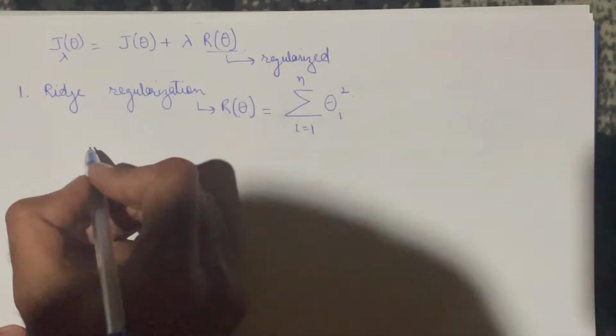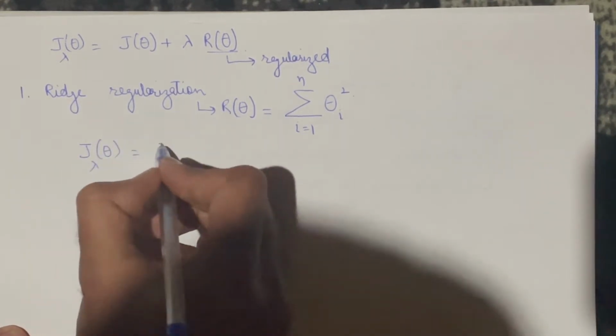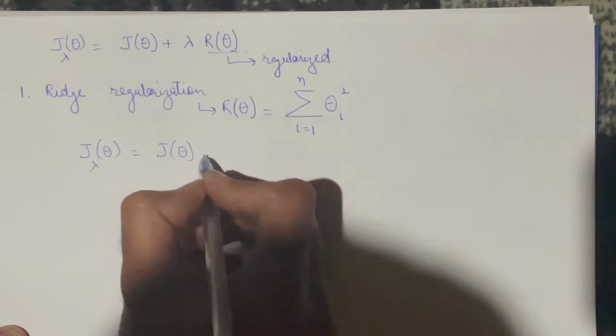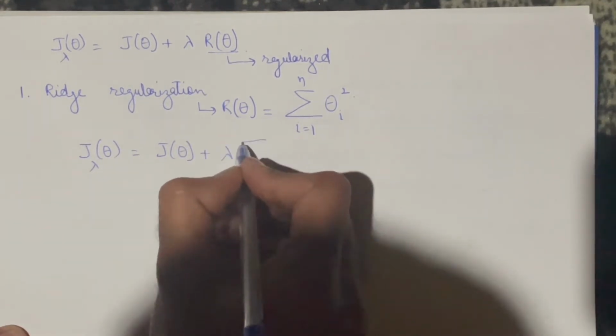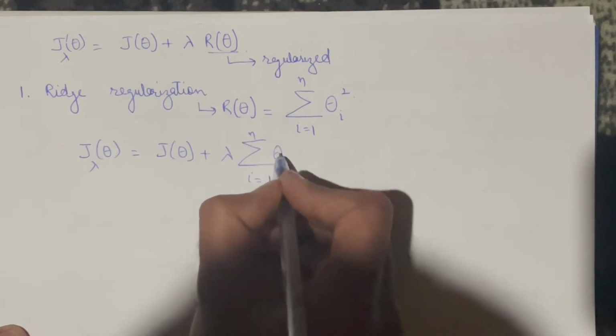So the new cost will be J theta lambda equal to J theta plus lambda times the summation of i running from 1 to n of theta i square.